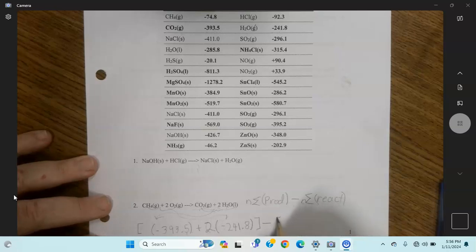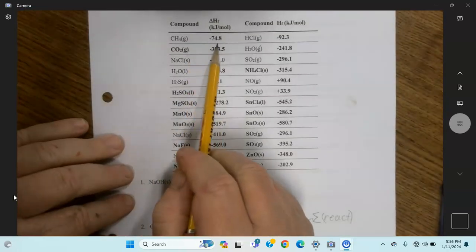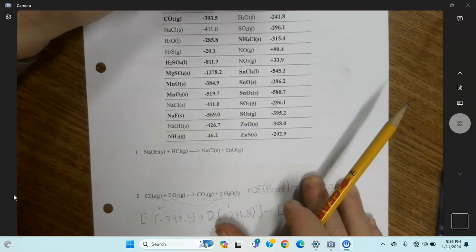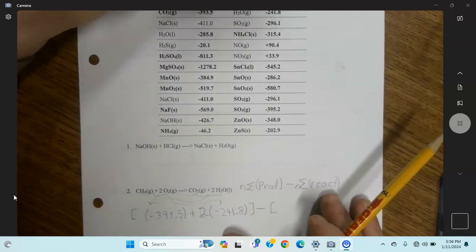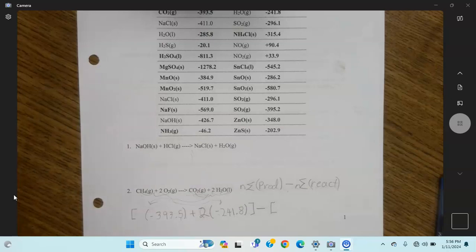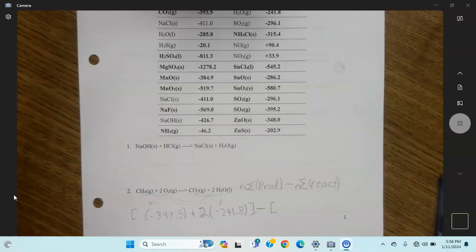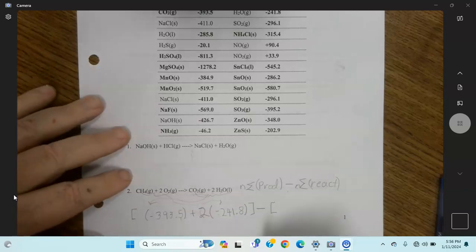So another big square bracket. The reactants are CH4. So we come up here to the top, and that's negative 74.8. In other words, that's what it takes to put a carbon and 4 hydrogens together to make CH4. You'll have 74.8 kilojoules per mole of heat coming out of that reaction. That's what that enthalpy of formation means, to make 1 mole of CH4.